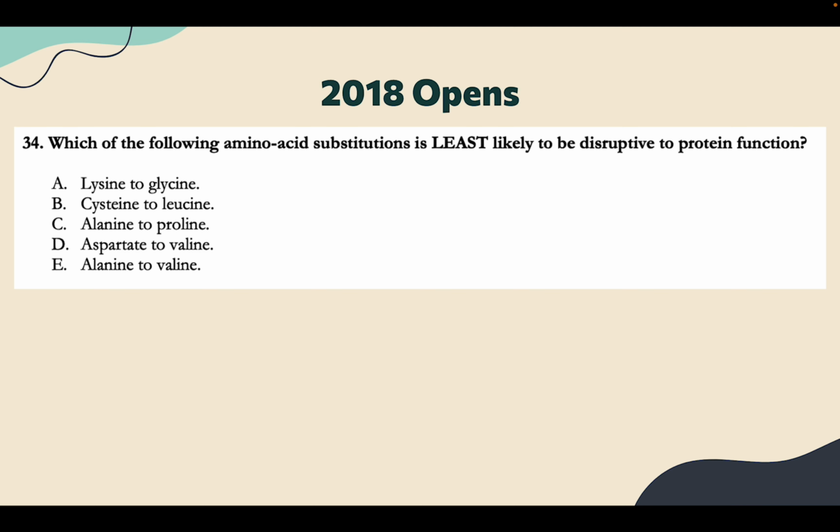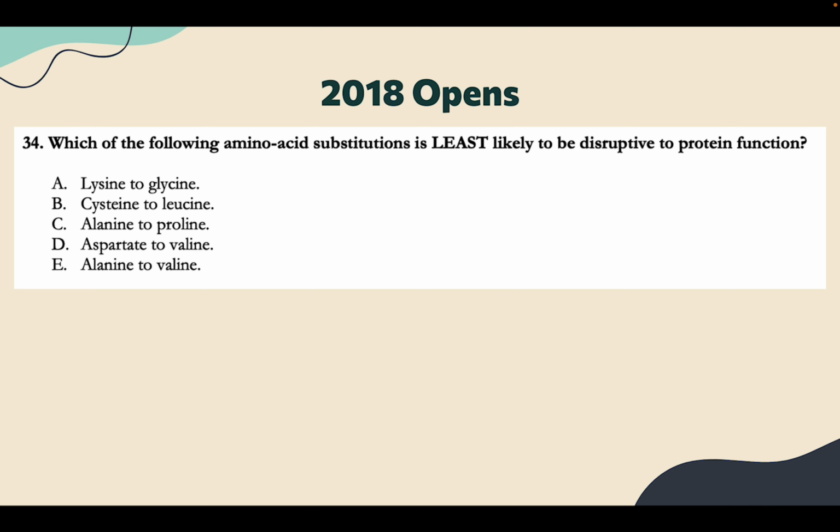All right, now try to do this question from 2018 opens. Which of the following amino acid substitutions is least likely to be disruptive to protein function? So for these types of questions, we have to look at whether the two amino acids listed are similar or dissimilar.